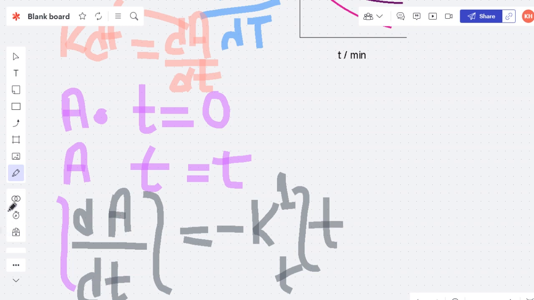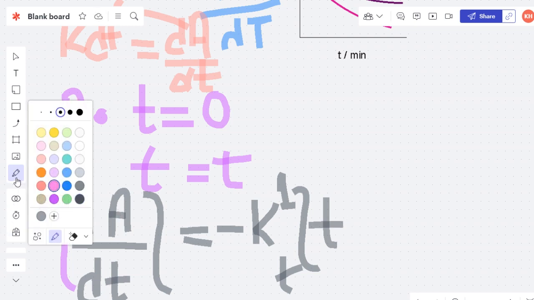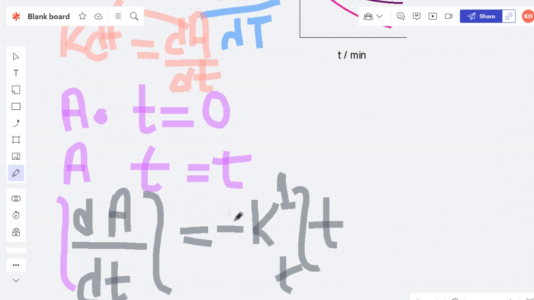Then after a while it will look something like this. For the first order reaction we take log, log e. Although we are not familiar with this log e, we are mostly familiar with log 10, then it will be something like this, log e of A. After log e of A, it goes from concentration A naught to A.